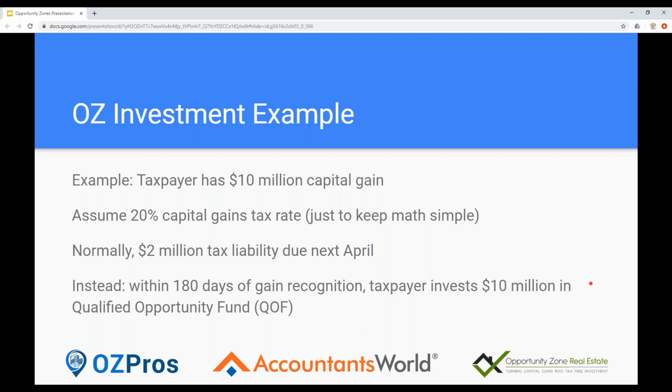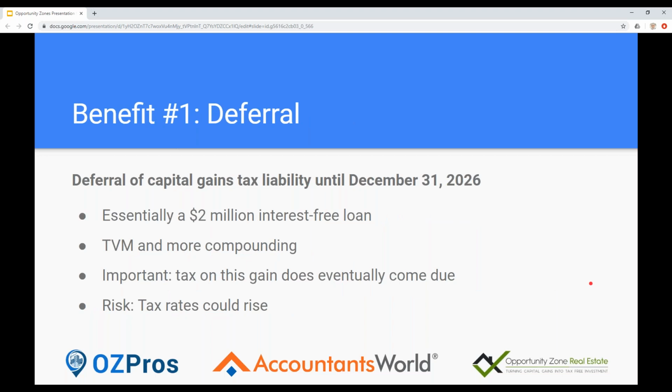But just to make the math simple, 20%, normally that would mean a $2 million tax liability due the following April. But instead, your client, the investor, the taxpayer, within 180 days of that gain recognition, rolls over that $10 million into a qualified opportunity fund.